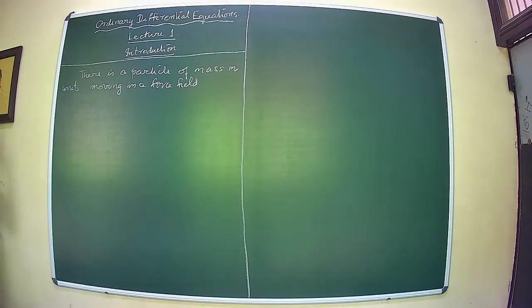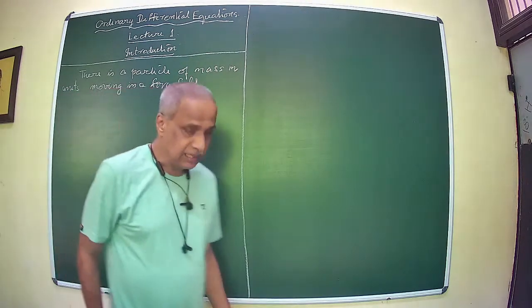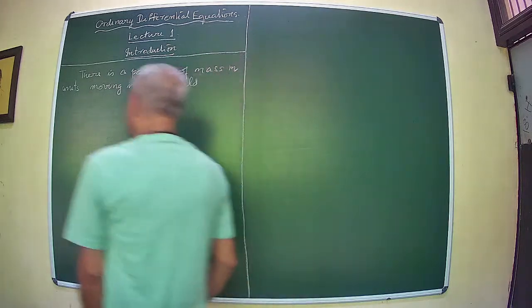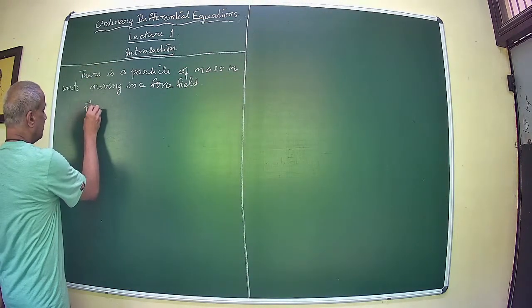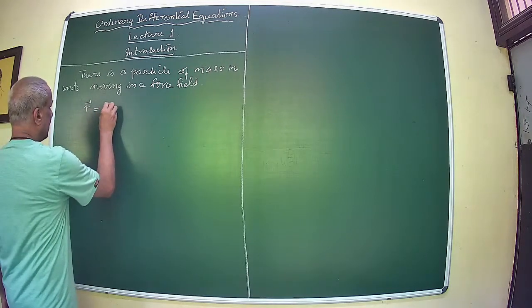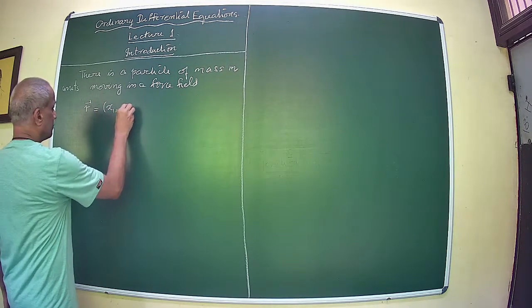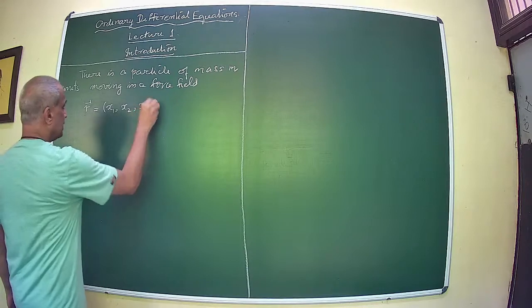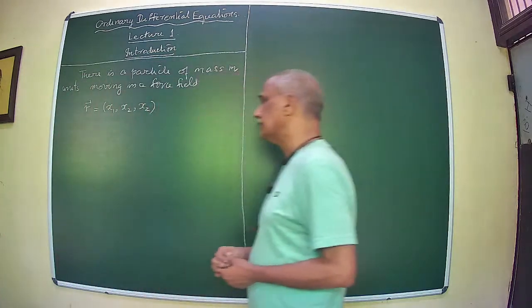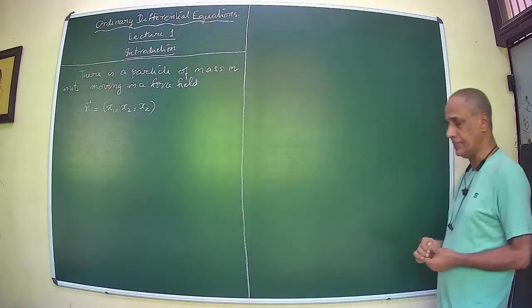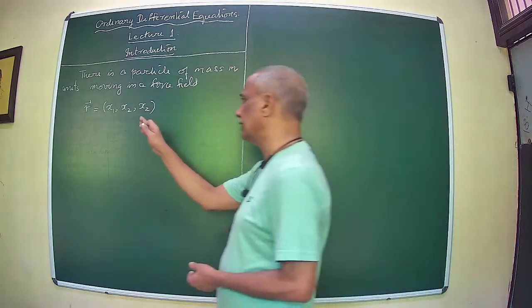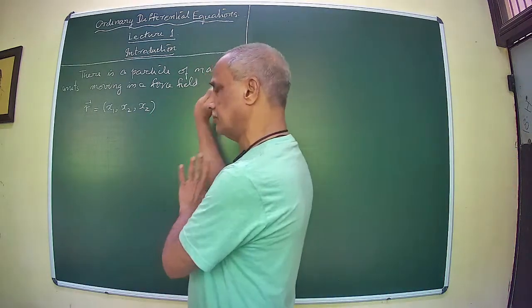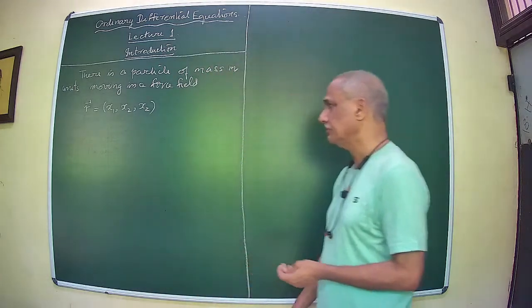Now let us look at the equation governing this. So we denote by the vector r, instead of the conventional x, y, z coordinates that we choose, let me write it as x1, x2, x3 so that you can generalize very easily.